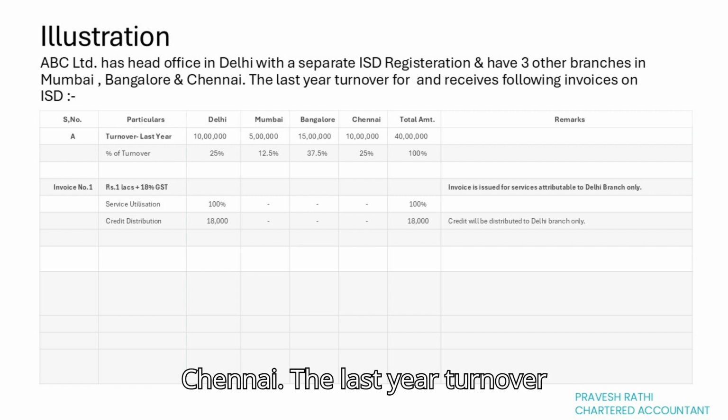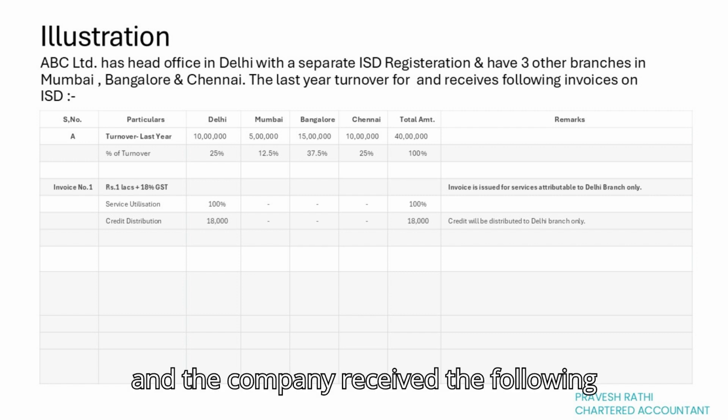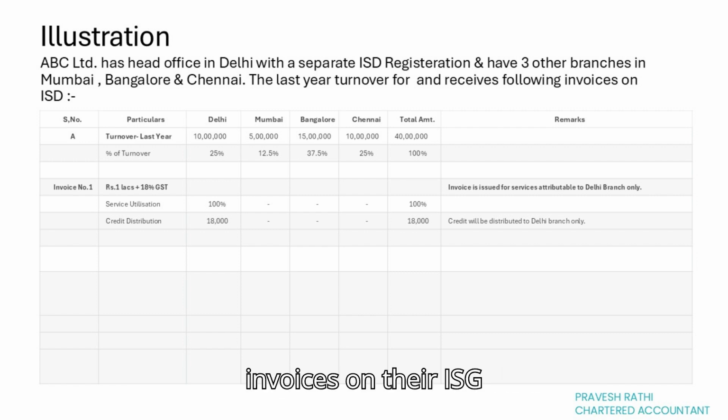The last year turnover is given below, and the company receives the following invoices on their ISD registration.